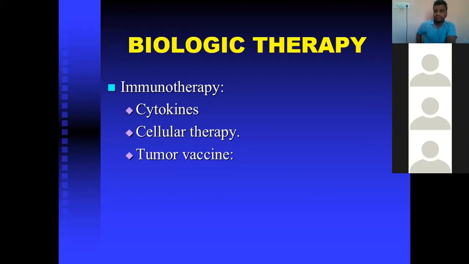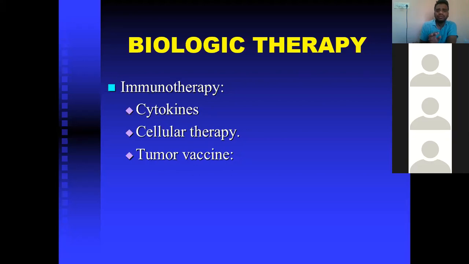Scientists are now developing mechanisms by which they can stimulate the patient's immune system so that it can kill the cancer. We have many cytokines like interleukin 6, interleukin 12, interleukin 2, interferon gamma, IP10.